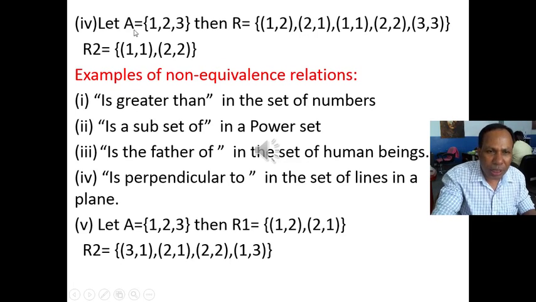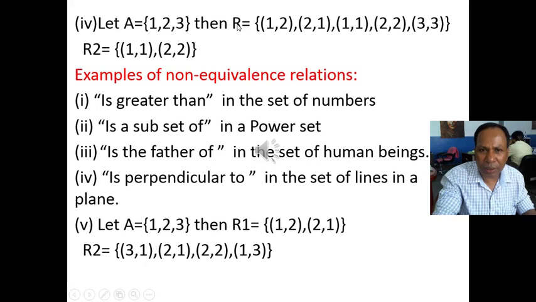Taking a numerical example, let's say set A contains three elements 1, 2, and 3. Now we can define 2 to the power 9 relations from A to A, and out of those, here we have considered two relations R1 and R2.